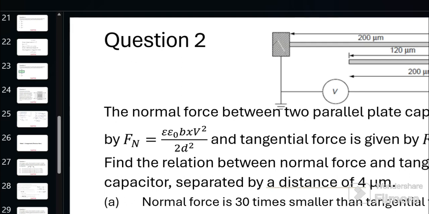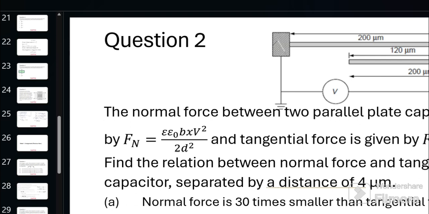So here we have a comb type setup wherein we have two beams, both of length 200 micrometer, and the distance, that is the area where the capacitance actually acts, is 120 micrometer, and the gap between the two is 4 micrometer.